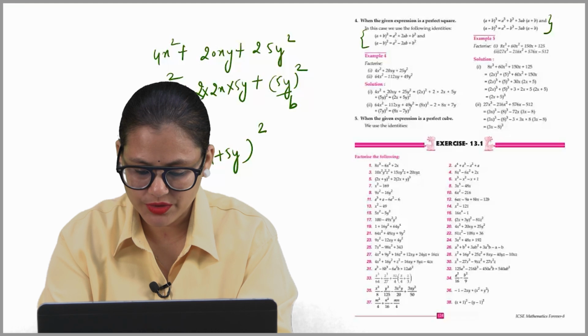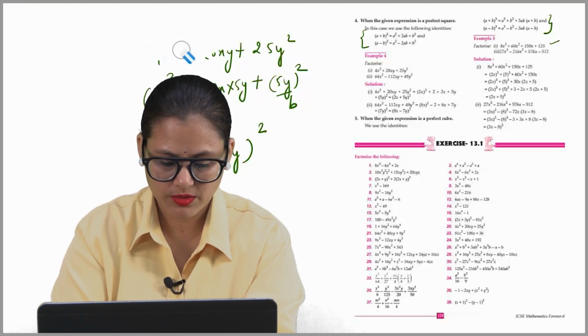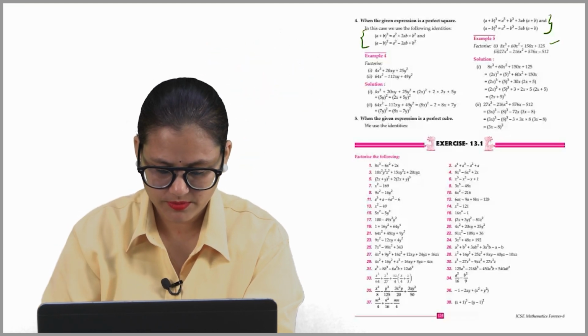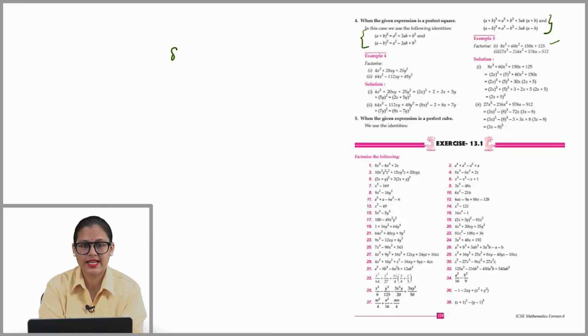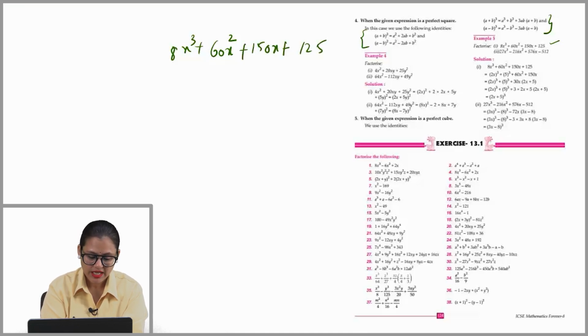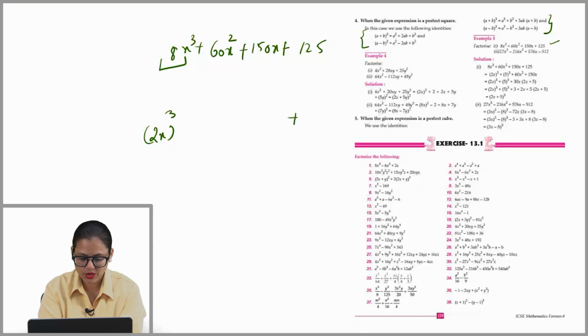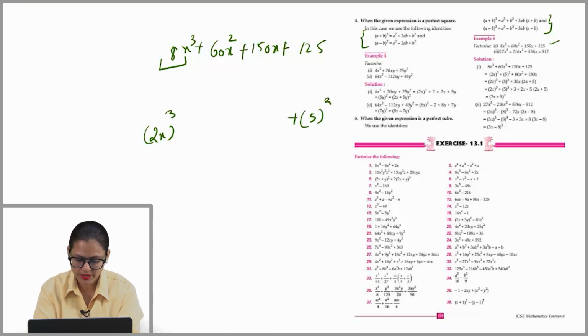So, let's check out the first example, which is 8x cube plus 60x square plus 150x plus 125. 8 is the cube of which number? 2, so 2x cube. 125 is the cube of which number? This is the cube of 5. 5 cube is 125.